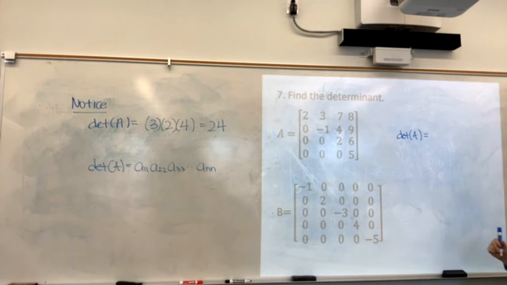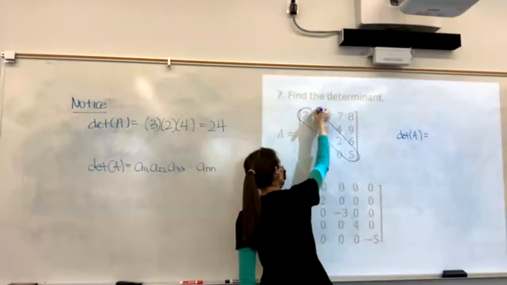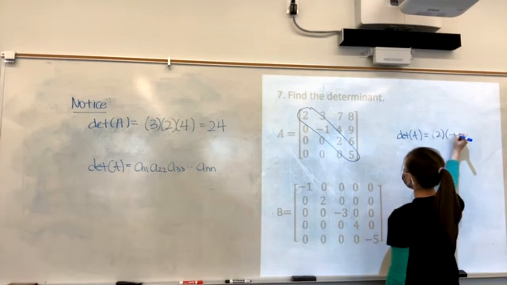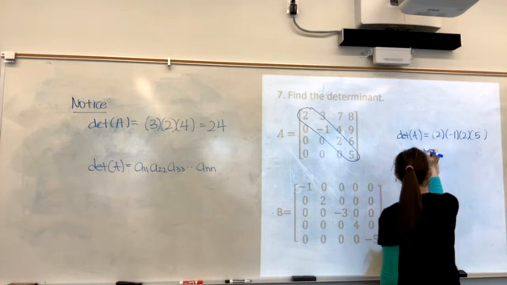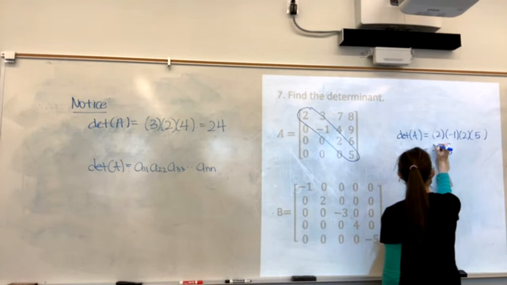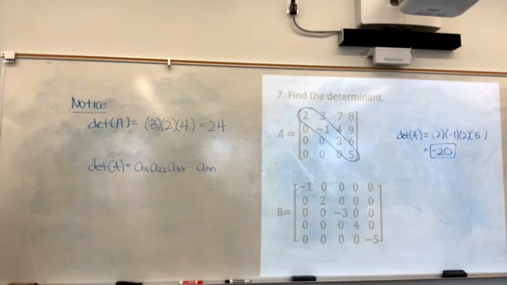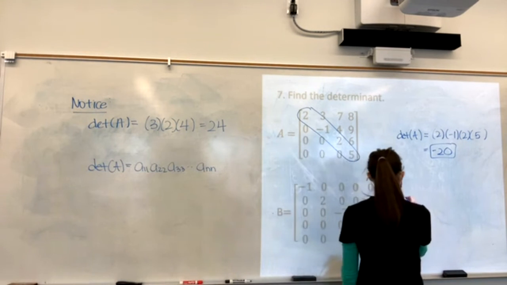And so if I want to compute its determinant, I'm just going to take the product of the entries down the diagonal. 2 times negative 1 times 2 times 5. So the determinant is negative 2.